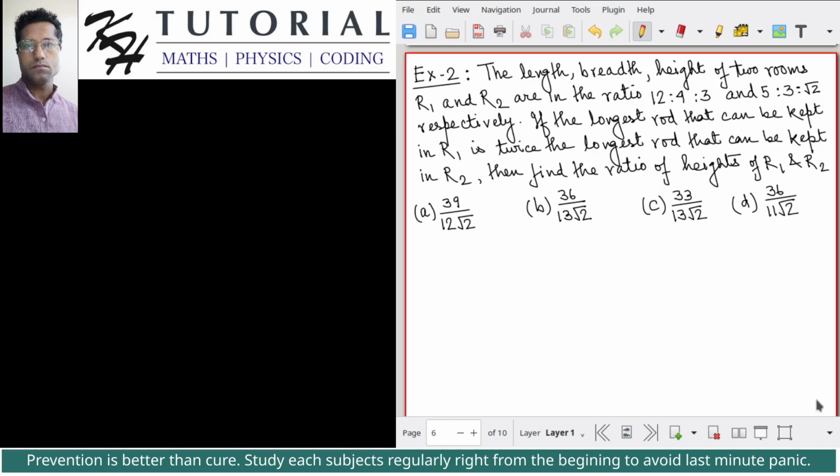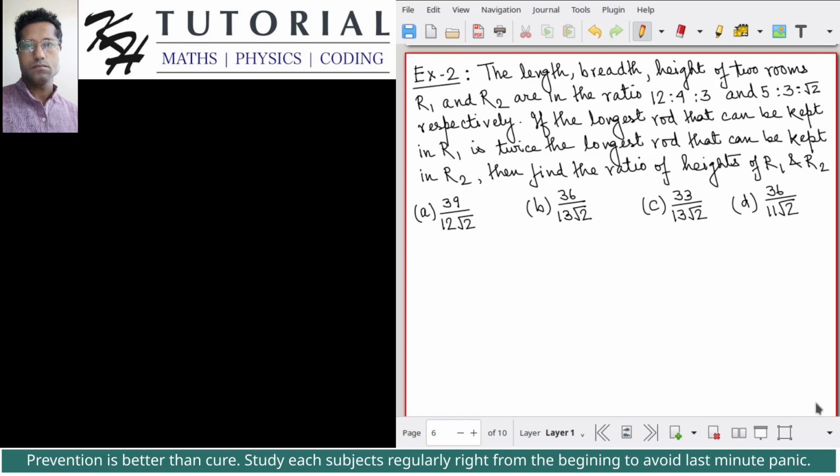So there are two rooms R1 and R2. The ratio of the length, breadth, and height of room R1 is 12:4:3, and the ratio of the length, breadth, and height of the second room R2 is 5:3:√2.